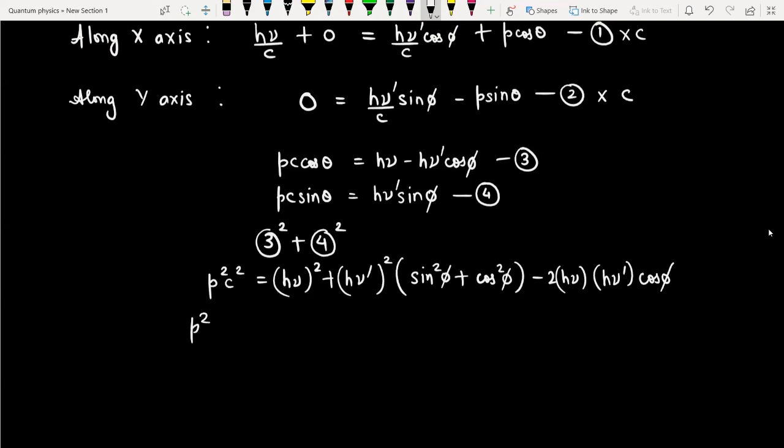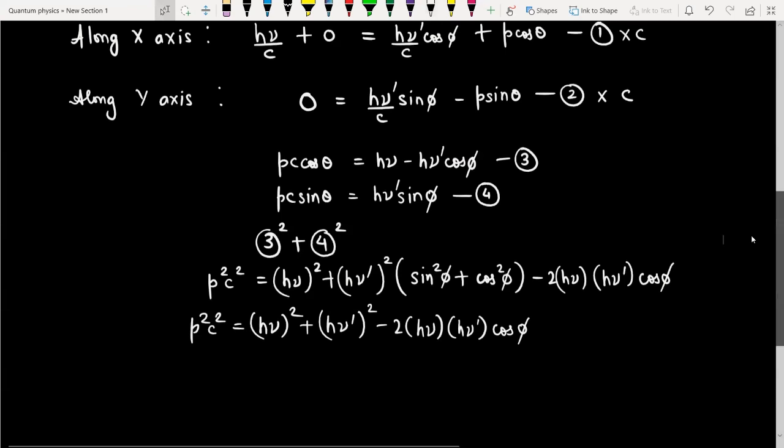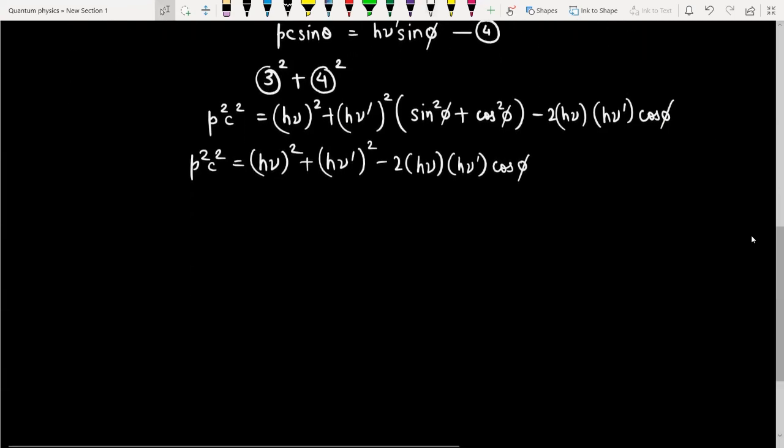So we have p square c square equal to h mu square plus h mu prime square, and sin square phi plus cos square phi is obviously 1, and we'll get minus 2 times h mu, only h mu prime and cos phi. Yeah, so this is what we get. Now let's call this equation number star.